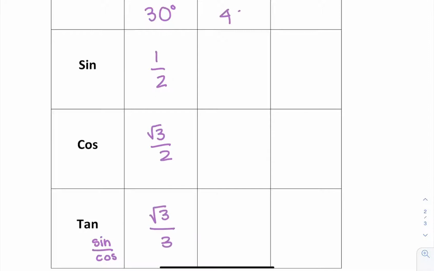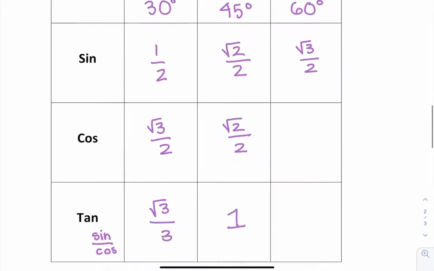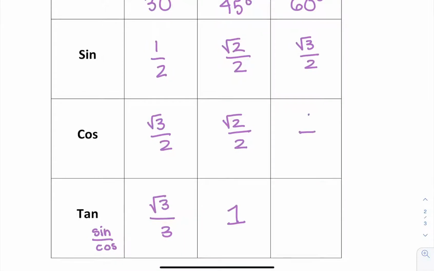Then for 45 degrees, sine is square root of 2 over 2, which is the same as cosine, and if you divide the two, you find that tangent is 1. And last up, for 60 degrees, sine is square root of 3 over 2, cosine is 1/2, and tangent is square root of 3.